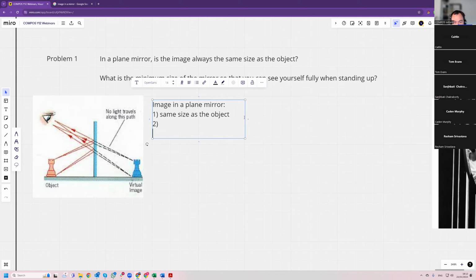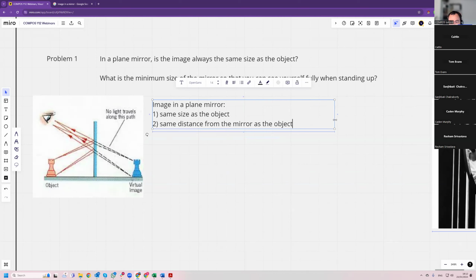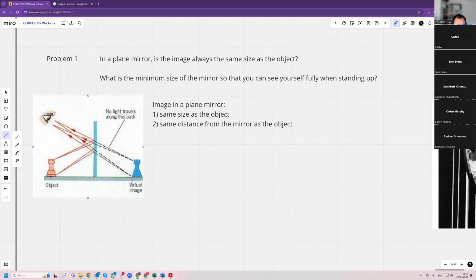Two, it is the same distance from the mirror as the object. As you can see, the distance from the object to the mirror is the same as the distance from the image to the mirror.